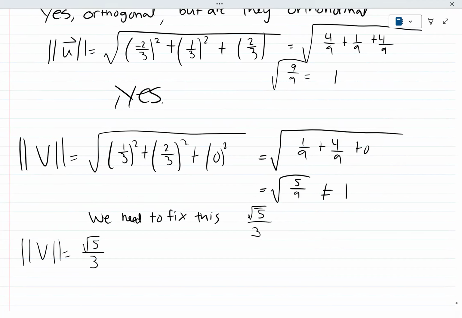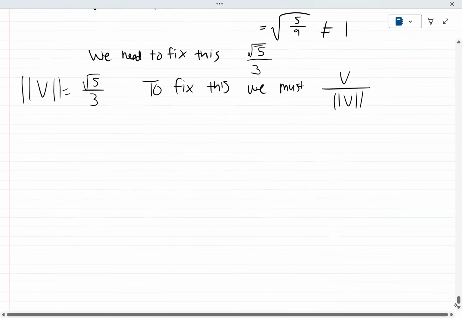To fix this, we must set it up as vector v over the magnitude of vector v. It's a confusing one.